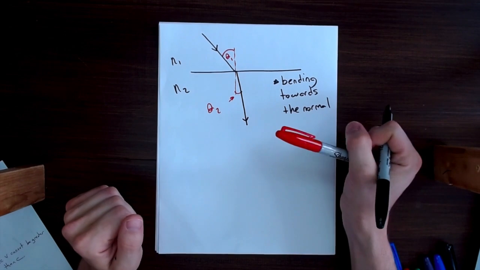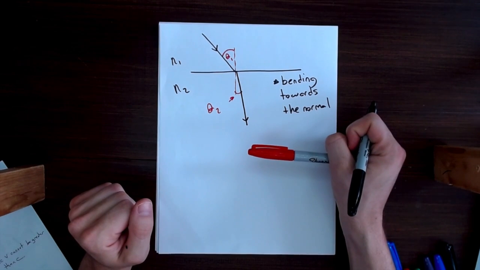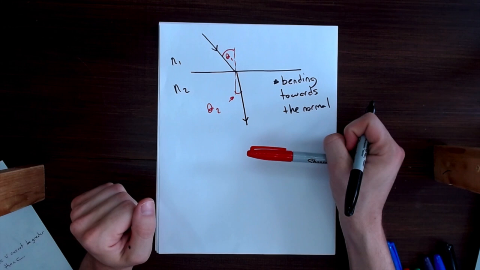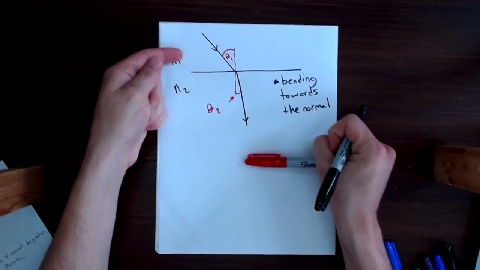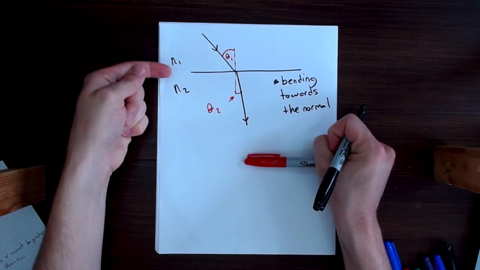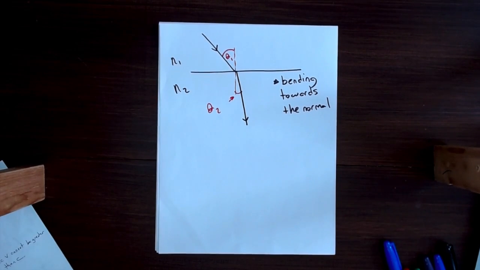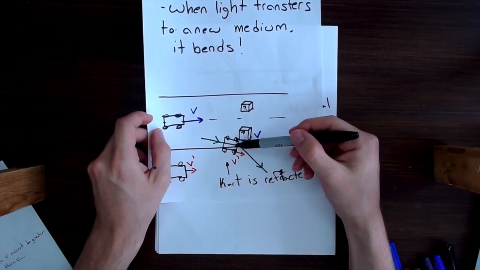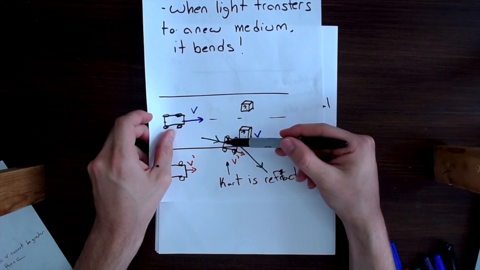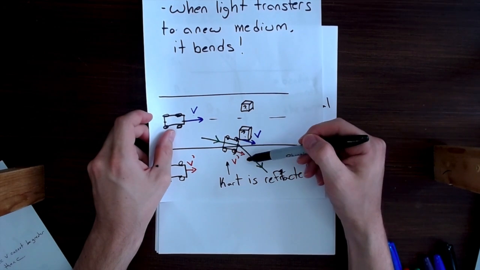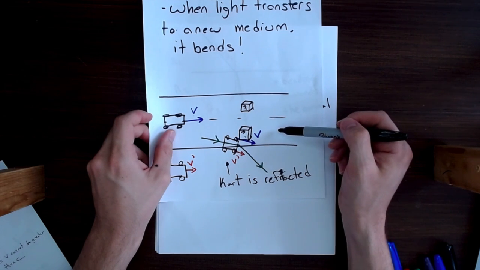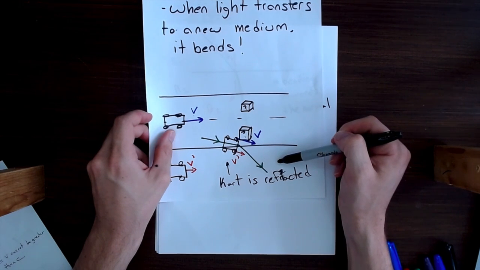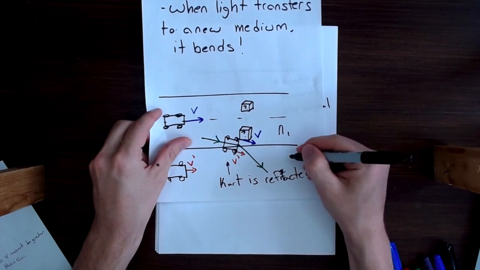Well, looking at this, what can we determine about the two mediums? Well, when it reaches N2, it moves towards that normal line. Let's go back to our Mario Kart example. If this is the direction of the cart, this first green line, and this is the bending of it when it refracts, and I'm moving from this medium to this medium, this is kind of like N1, right?